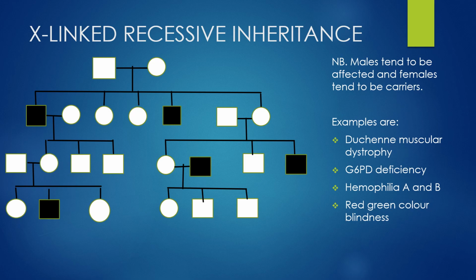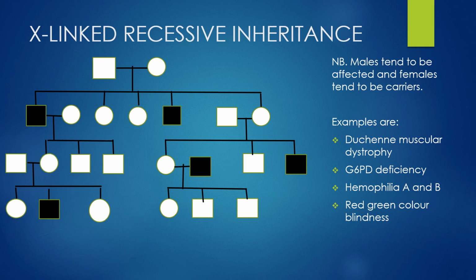And also, as I mentioned earlier, in X-linked inheritance, there is no father-to-son inheritance. This is because the fathers give their sons the Y chromosome and they receive the X from their mothers. So here, let us see.